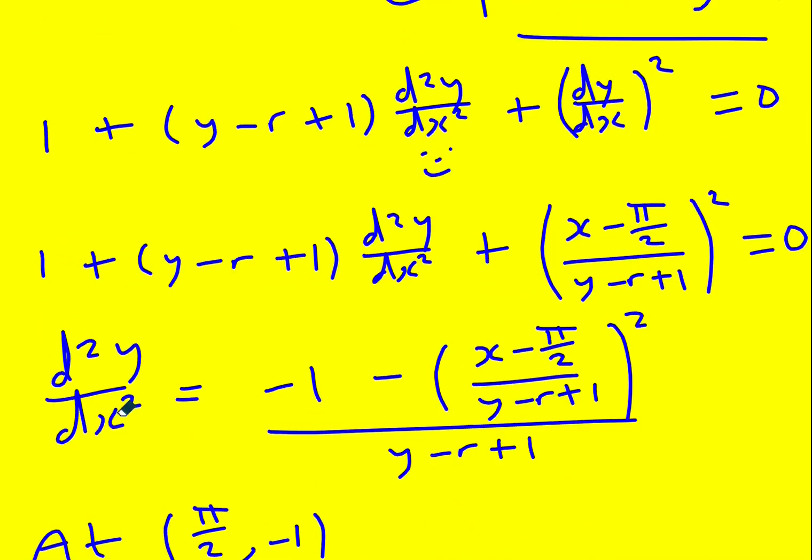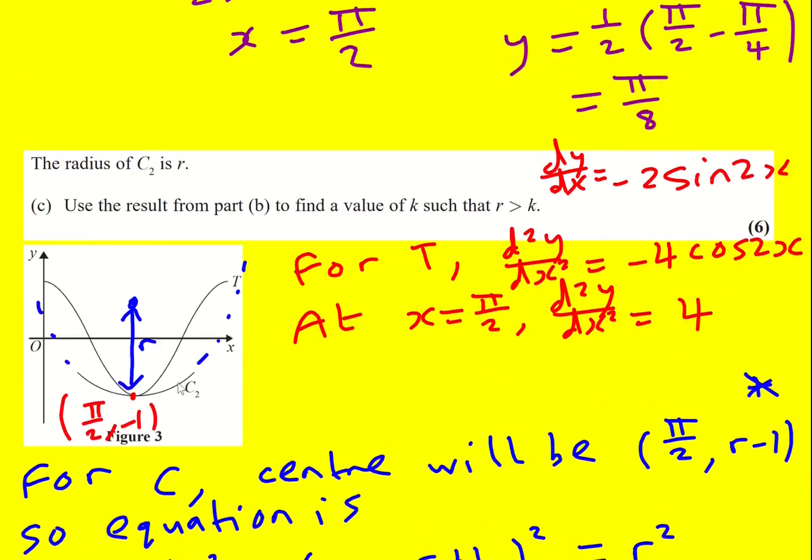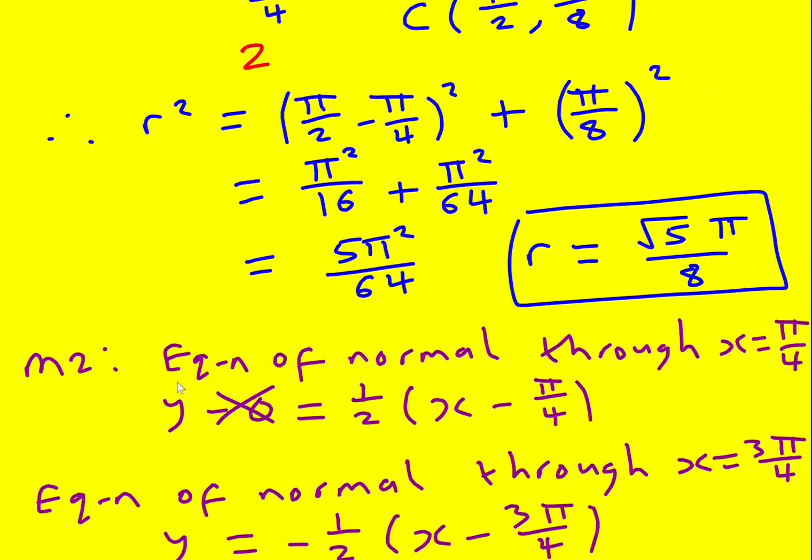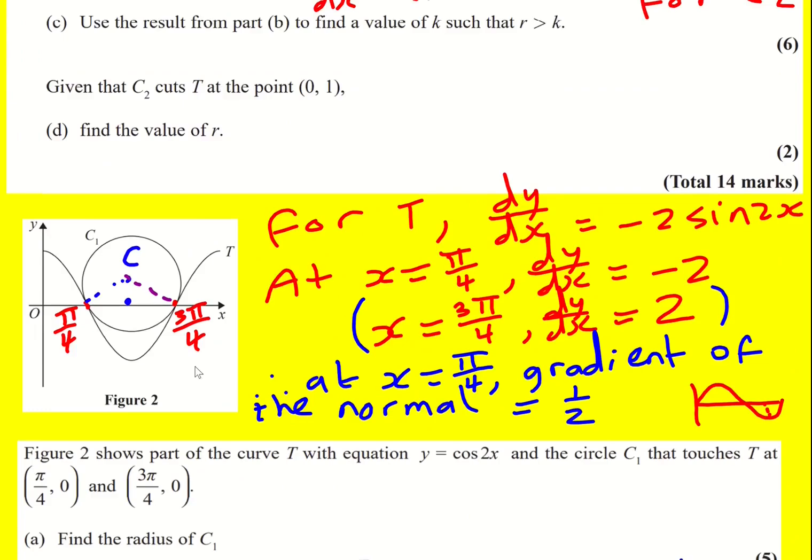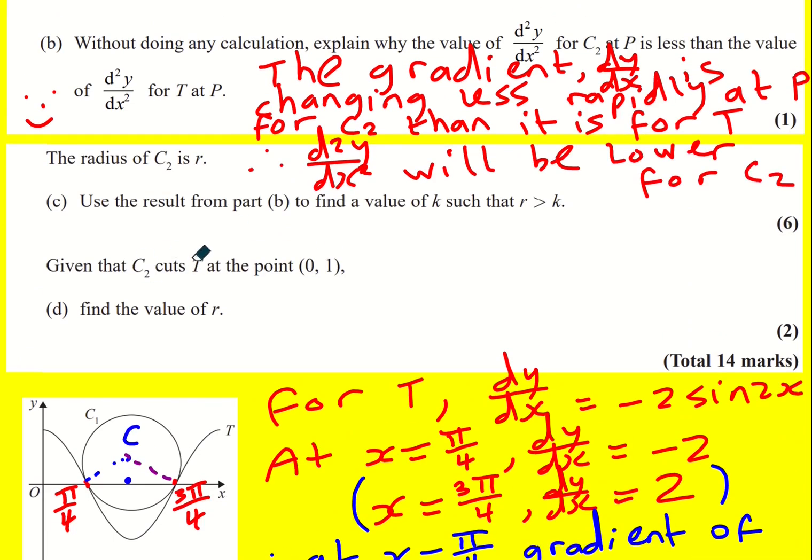That is by far the hardest part of this question, I think. The final part is actually not so bad. Back up to here: given that C2 cuts T at the point (0, 1), find the value of r.